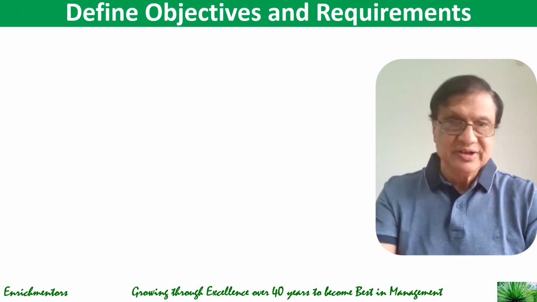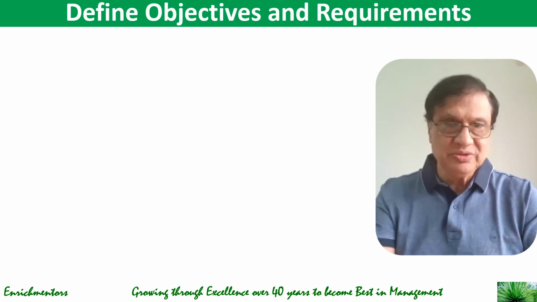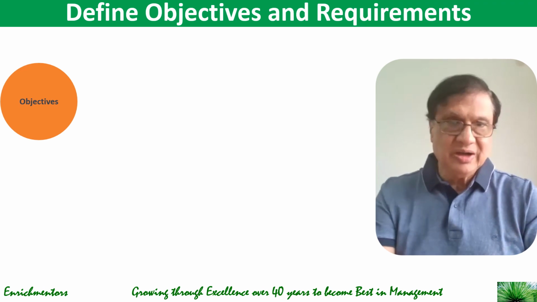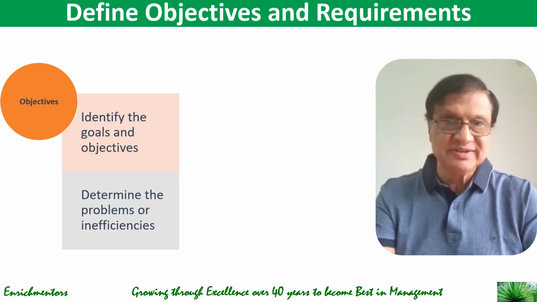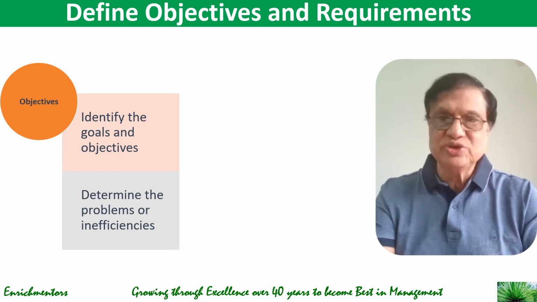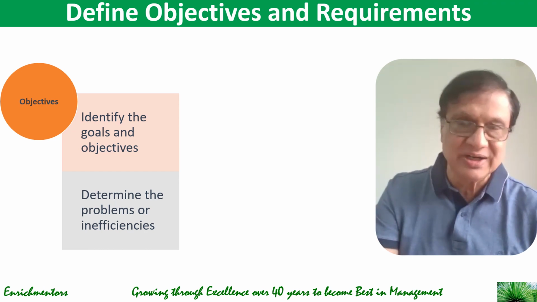Right. So first thing you need to do obviously is to define objectives and requirements. And there what you need to do is to identify the goals and objectives of implementing the HRIS. Determine the problem or inefficiencies the system should address, right? Every system should address some problems or inefficiencies in the system in addition to providing usual data.